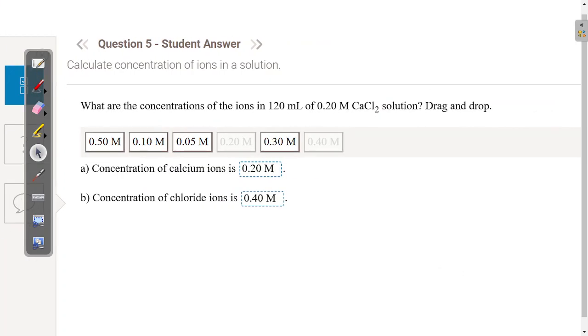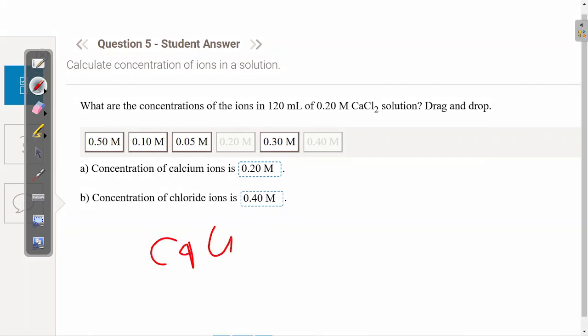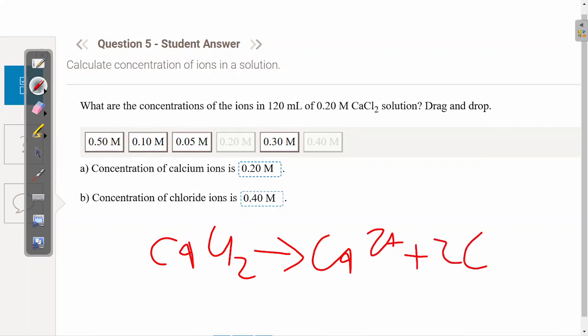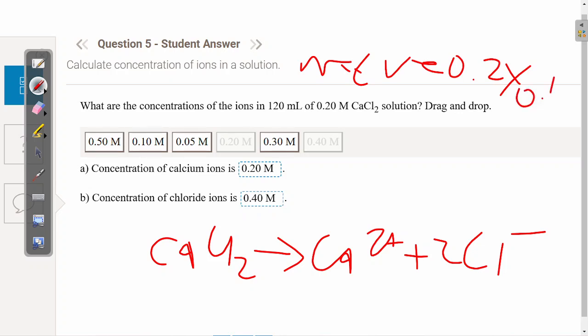Okay, concentration of calcium ions. Okay, wait. CaCl2 is Ca2+ and 2Cl-. So, first of all, let's find the moles. So n equals CV equals 0.2 times 120 divided by 1000, which is 0.12.